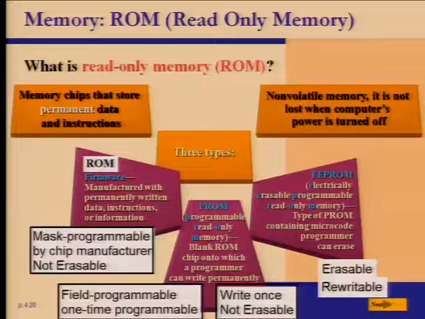Then they shine the lights onto it to etch the circuit. So this is mask programmable, means the content is decided during the IC manufacturing process. So we call it a mask programmable. That means the content is decided at the IC factory. And it cannot be changed. Once it's programmed, it's already built into the component, you cannot change it.